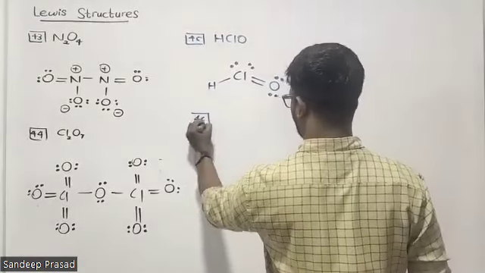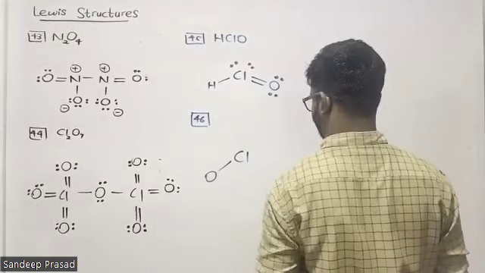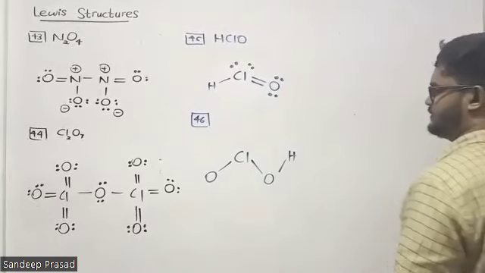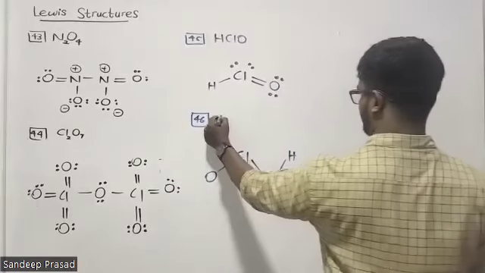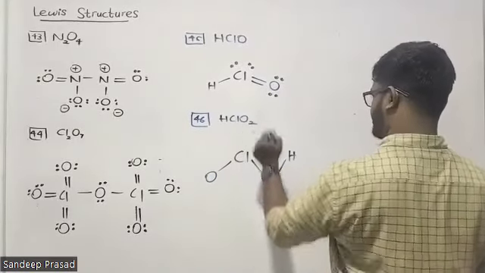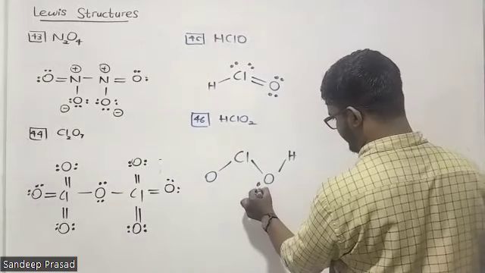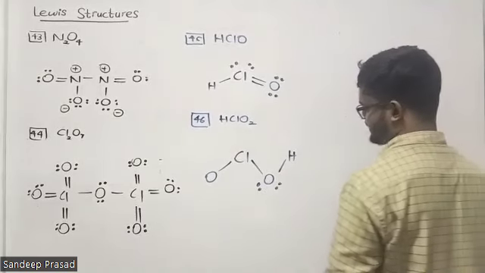Then we have HClO2. HClO2 looks like this. This is the skeleton. HClO2, chlorous acid. Students, remember, here we can see that the oxygen is surrounded by hydrogen and chlorine, therefore 2 lone pairs.